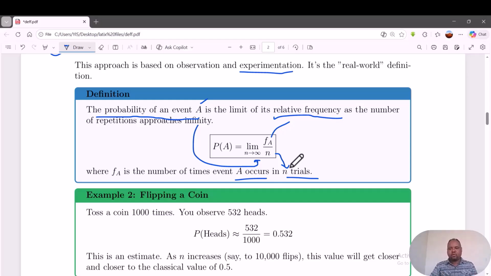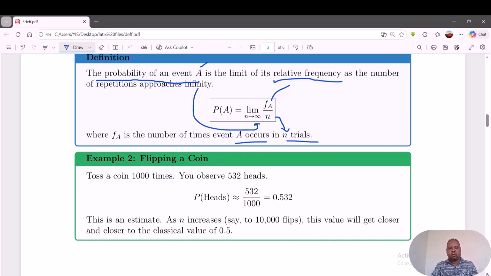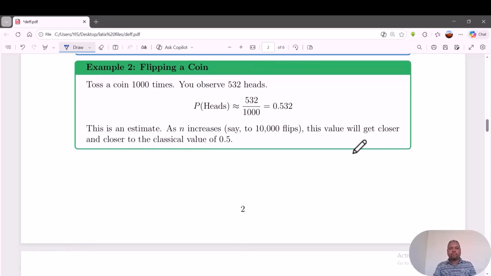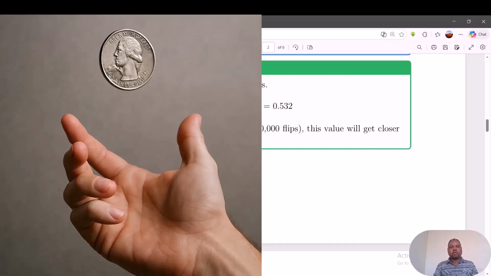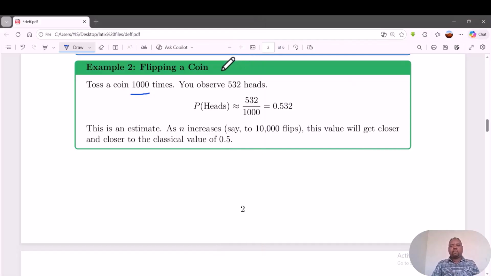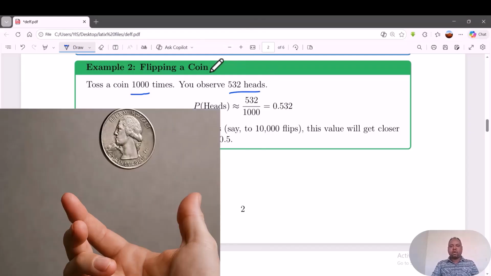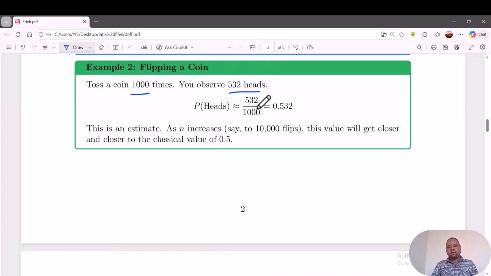This can easily be visualized using this example. Suppose we toss a coin 1000 times, from which we observe 532 heads. What's the probability of getting heads, right? This is nothing but 532 over 1000.